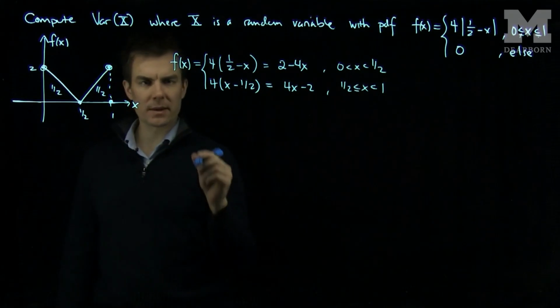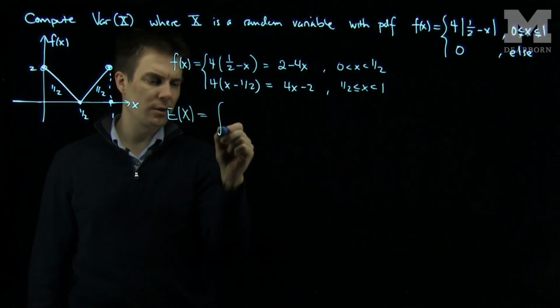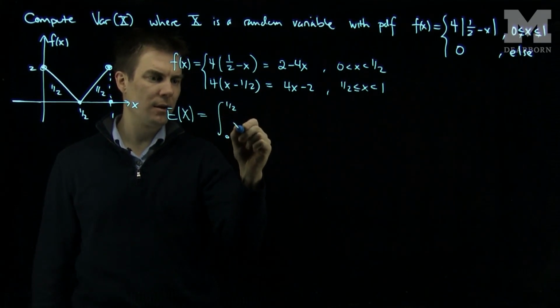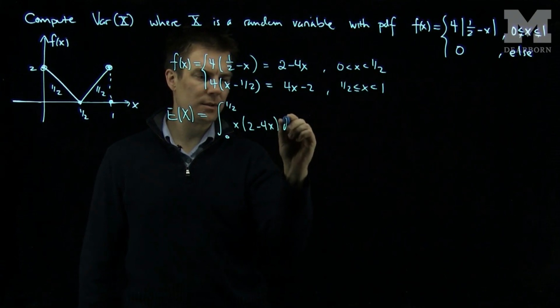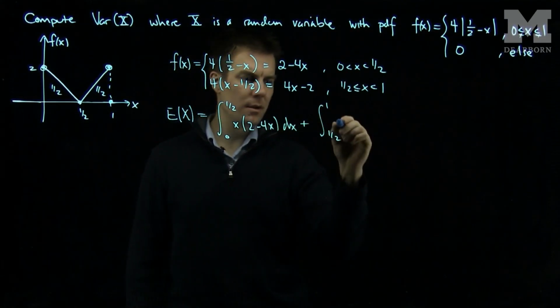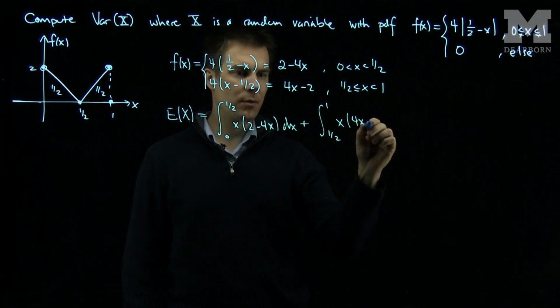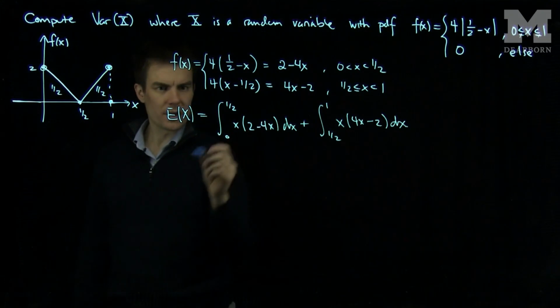So let's compute the expected value of x. The expected value of x will be the integral from 0 to 1/2 of x times 2 minus 4x dx, plus the integral from 1/2 to 1 of x times 4x minus 2 dx. We can integrate this.